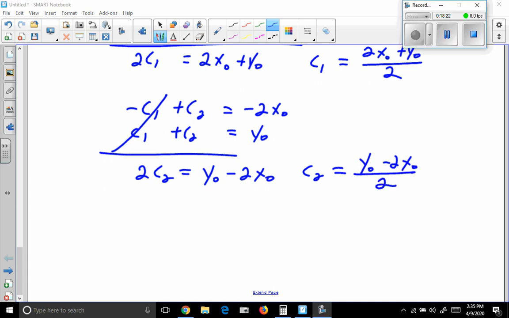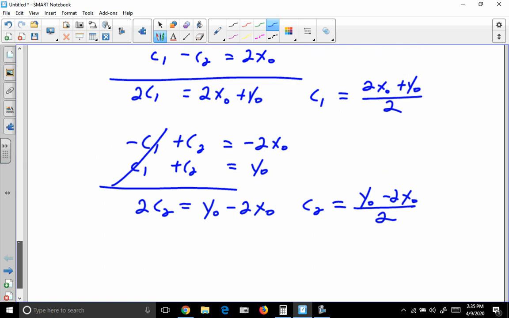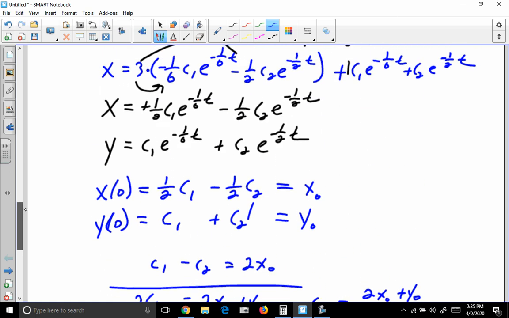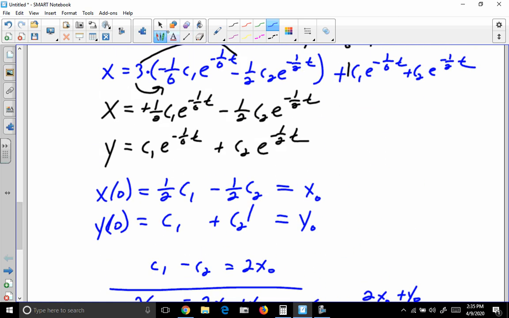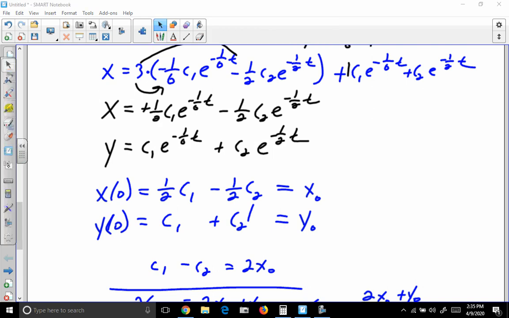Once we have C1 and C2, we can substitute those in, and we can write our solutions. So let's copy this over.